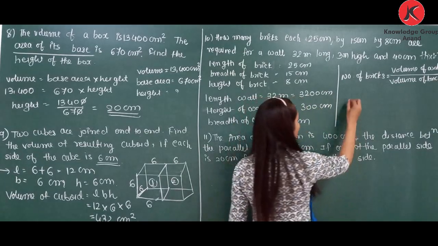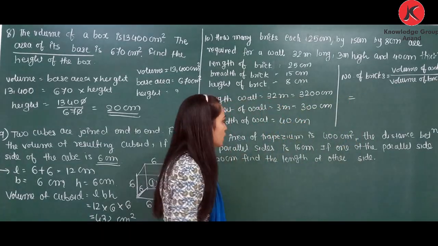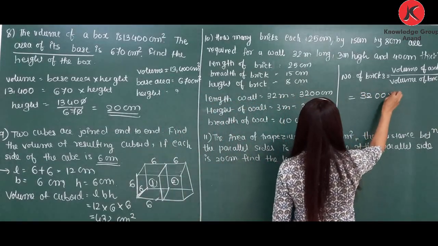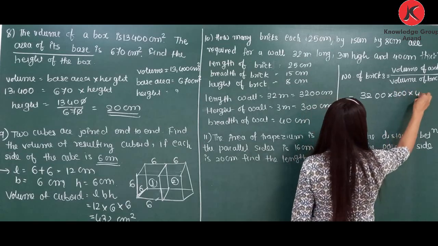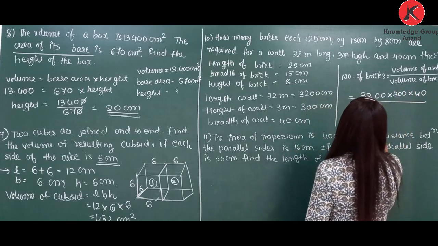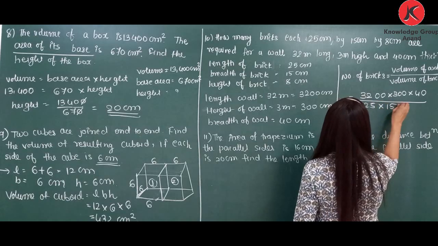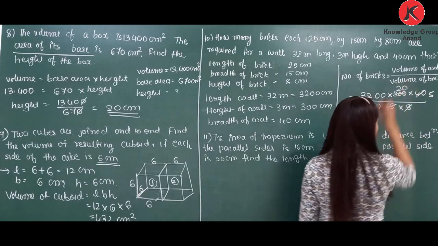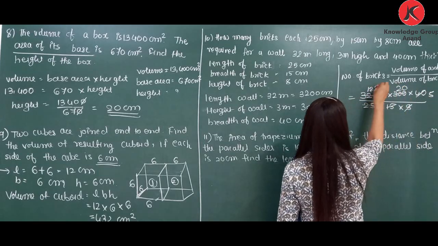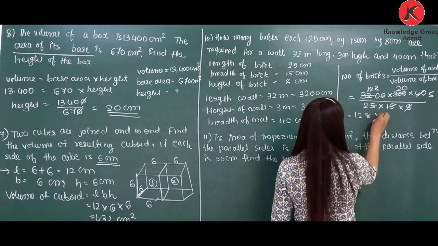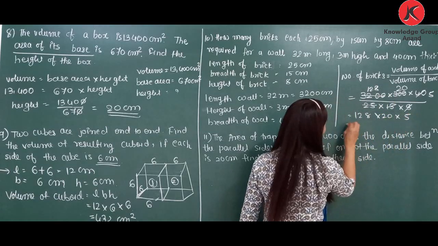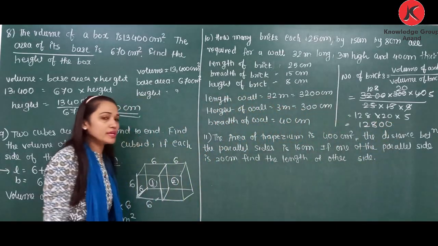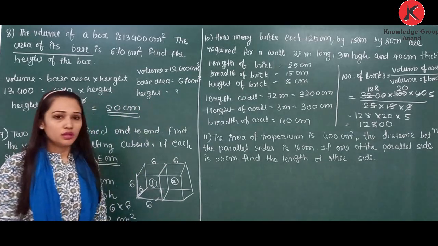Volume of wall will be, it is a cuboid, so LBH means 3200 multiply 300 multiply 40, divided by 25 multiply 15 multiply 8. After cancelling, this is 128. So multiply 128 with 20 with 5. So you will get 12,800. 12,800 bricks are required. Clear?